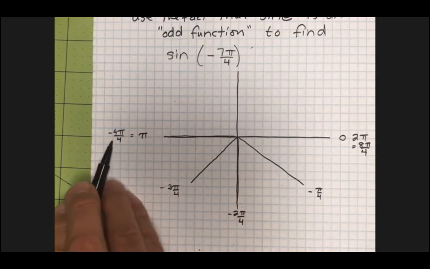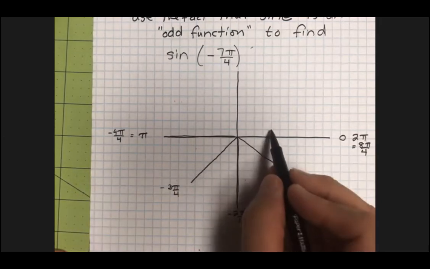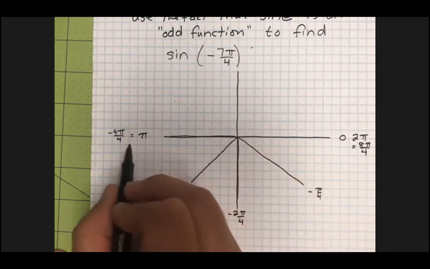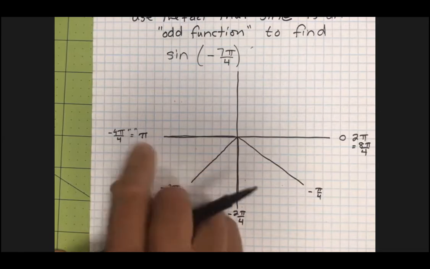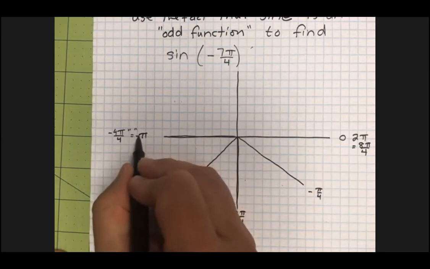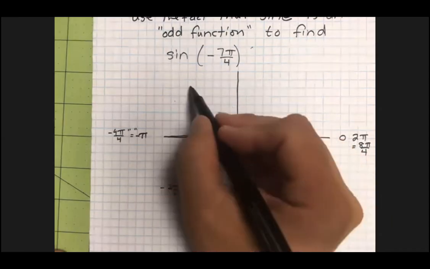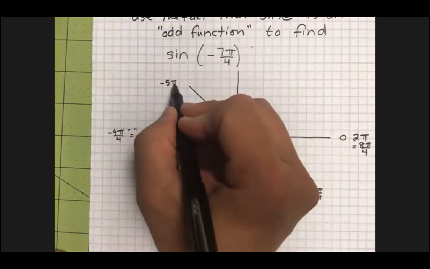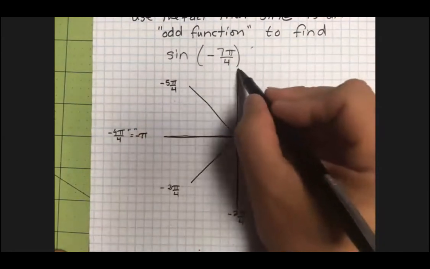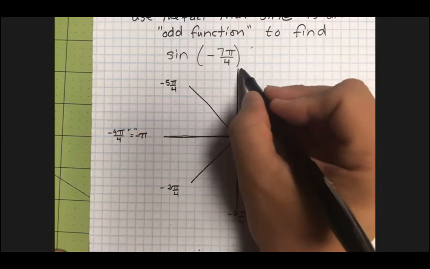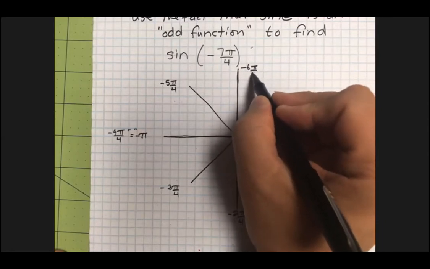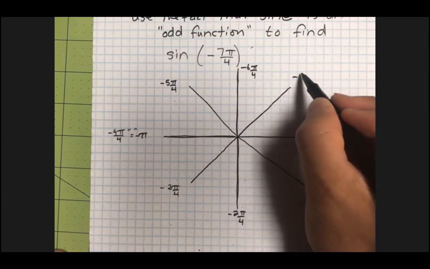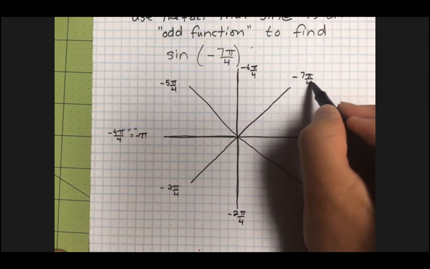But that's just equal to minus pi. Going clockwise is minus pi, going counterclockwise is pi. So I should be careful how I say it; it actually equals minus pi. Minus 5 pi over 4. Minus 6 pi over 4. I must be getting close. Minus 7 pi over 4.